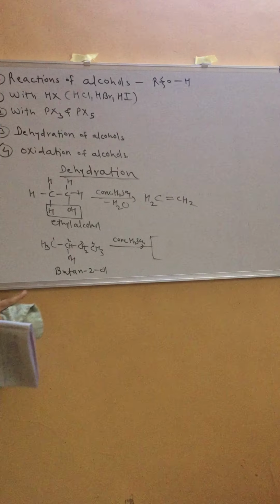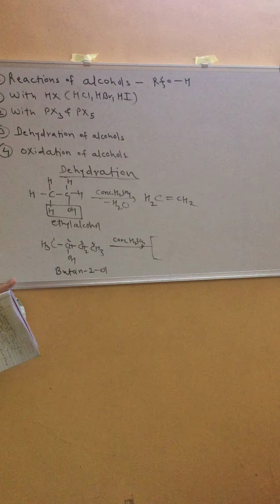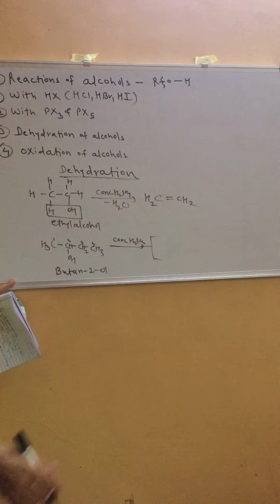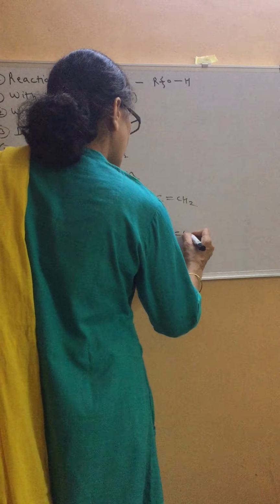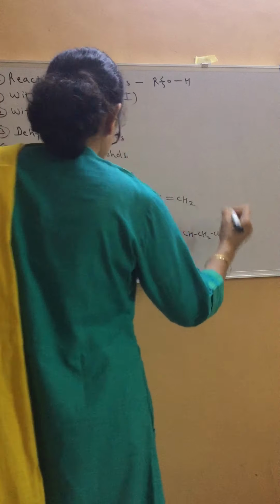In this case, we can remove hydrogen. This OH is going to be eliminated, but we can remove a hydrogen atom from this carbon atom, or from this carbon atom. So we will get two different products. If we remove hydrogen from this carbon atom, carbon number 1, we will get CH2 double bond CH CH2 CH3, one alkene.